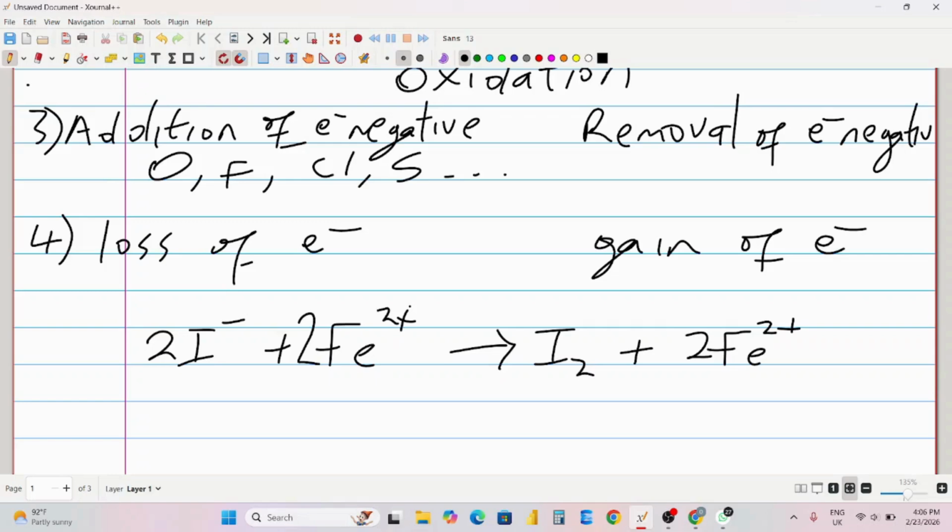Now imagine a question like this, and then it asks you to identify the reacting species undergoing oxidation or the reacting species undergoing reduction.